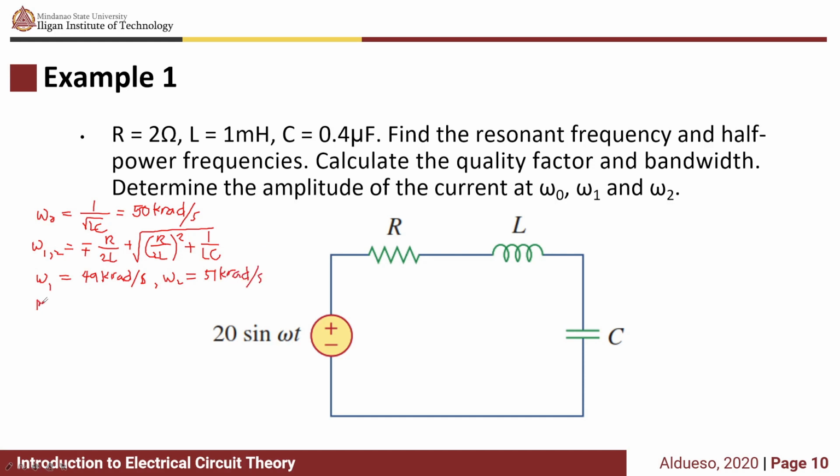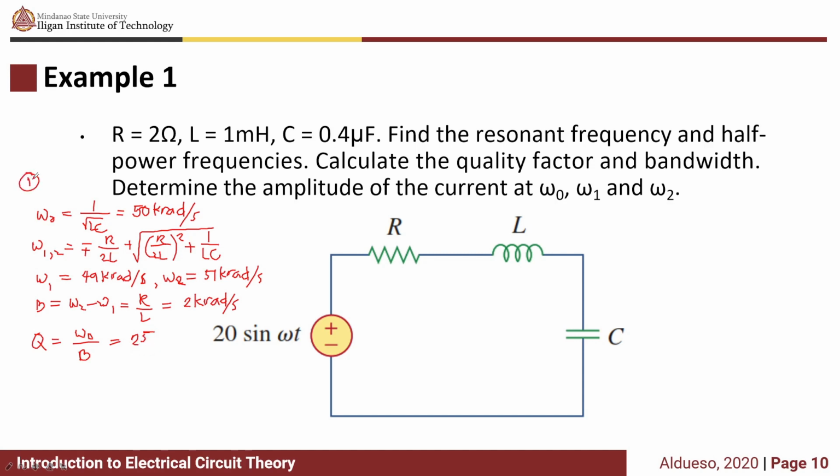Our bandwidth is equivalent to omega 2 minus omega 1, or this is just equivalent to R over L, equal to 2 krad per second. Our quality factor is equivalent to omega naught over B, which is equal to 25. Our circuit is a high Q circuit.